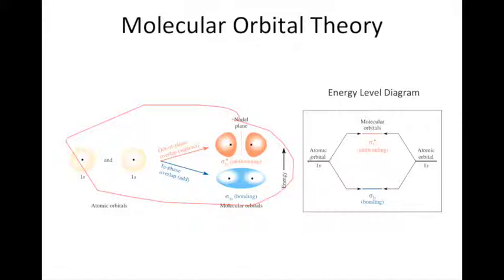So over here on this side, we have our atomic orbital for one atom, and on this side we have the atomic orbital for the other atom. In the middle, we show our molecular orbitals. So the two atomic orbitals, in this case 1s orbitals, will form a bonding sigma 1s molecular orbital, which is lower energy, and they'll also form an antibonding orbital, a sigma star 1s molecular orbital.